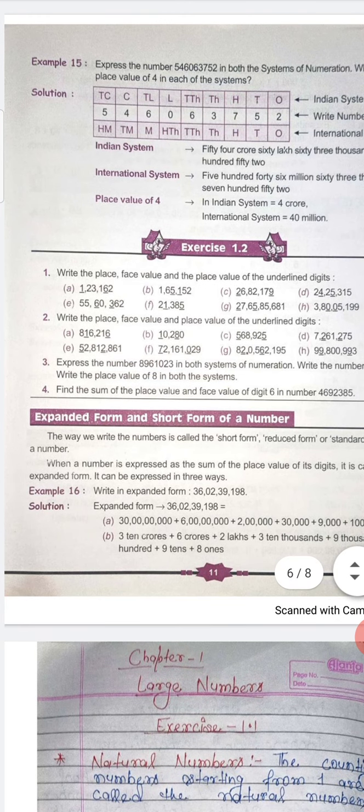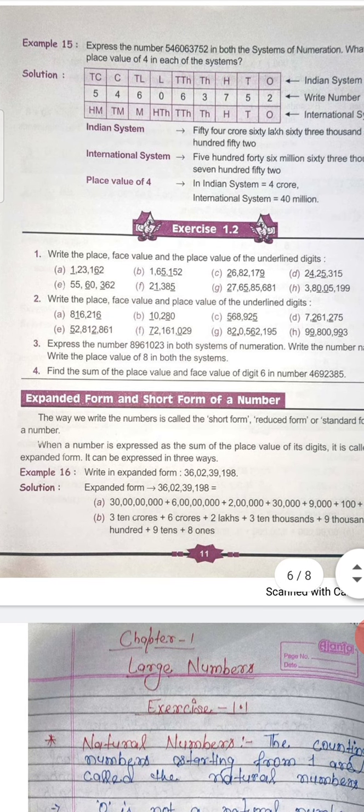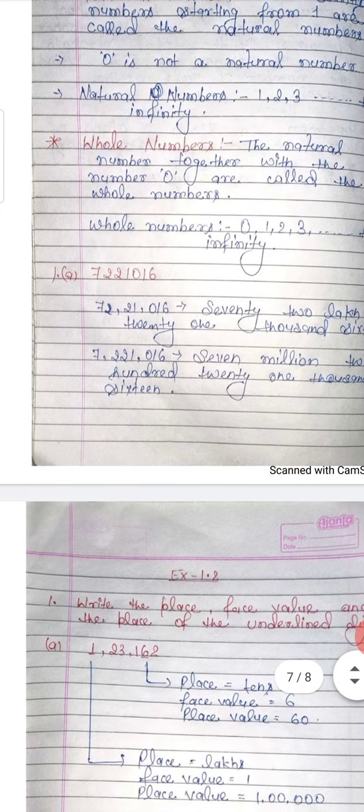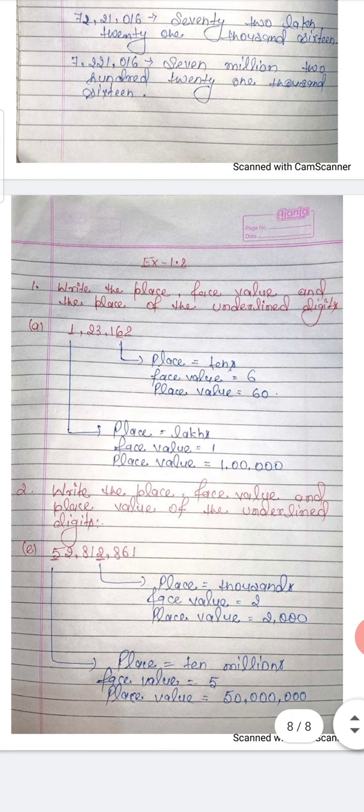Now see here, question number A, 1,23,162. In this question we have to write place, face value and place value. See here, 6.